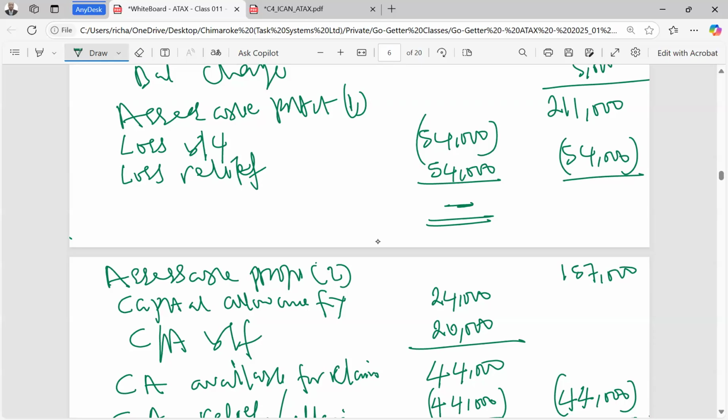The second accessible profit you get is what you calculate your capital allowance restriction on. So this one here is for calculating tertiary education tax. This one here is for checking the maximum capital allowance to be claimable.